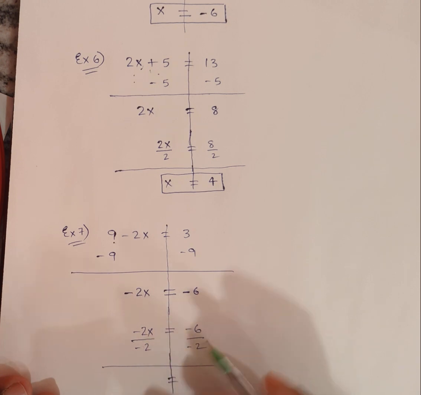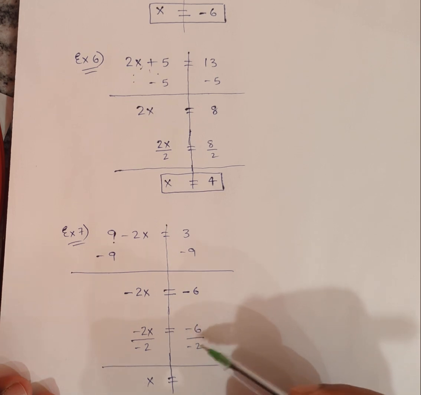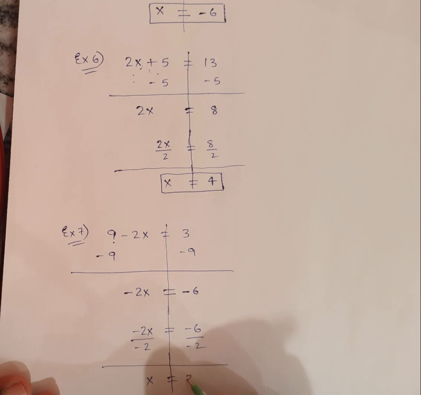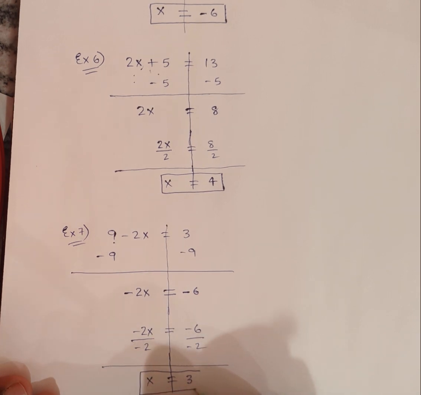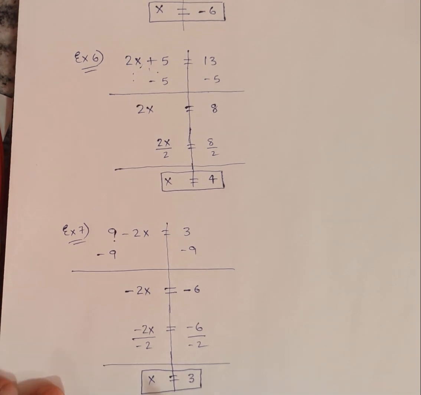Negative 2 over negative 2, they cancel each other out, leaving you with x alone. And negative over negative is positive, and 6 over 2 is 3. So it's positive 3. I don't need to write the positive sign. I can just write x is equal to 3. If the answer was negative, I would have to write the negative sign. But with positive, I don't have to.